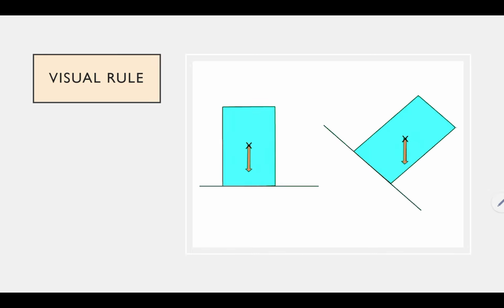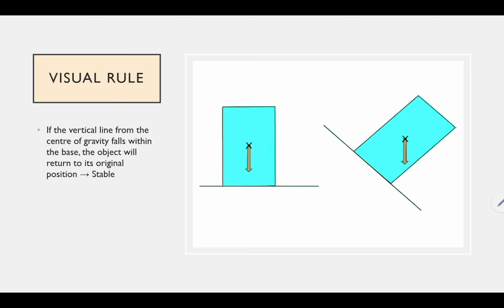Looking at both blocks, which one do you think is more stable, having its bottom part completely settled on the ground, with the center of gravity pointing down towards the ground? If the vertical line from the center of gravity falls within the base, as you can see here, the object will return to its original position, which means it's stable.